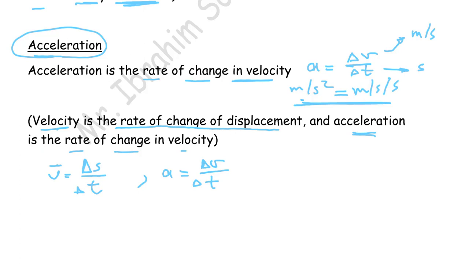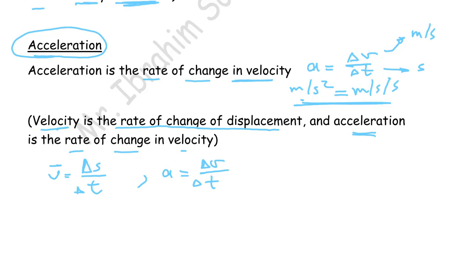If the object has a uniform speed or constant speed, its acceleration equals 0, because acceleration is the rate of change in velocity. What if the velocity is constant or uniform? Then the acceleration is 0. Acceleration may be positive or negative or 0.